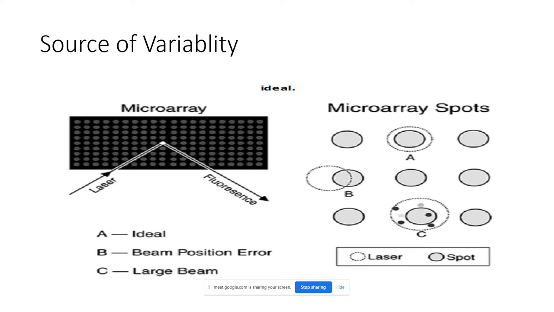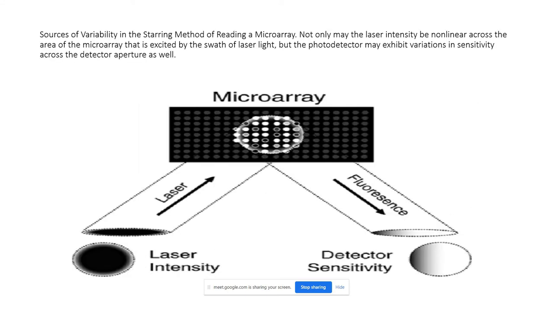Now, that is one source of variability. The second: what type of error can occur in the scanning method of reading a microarray? The laser intensity may be non-linear across the area of the microarray that is excited by the sweep of laser light.